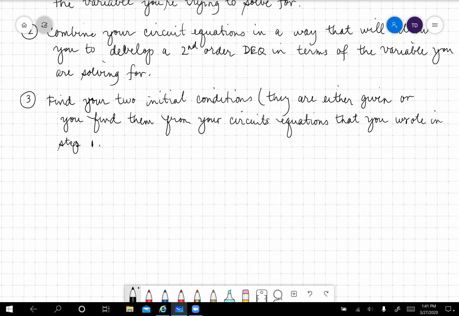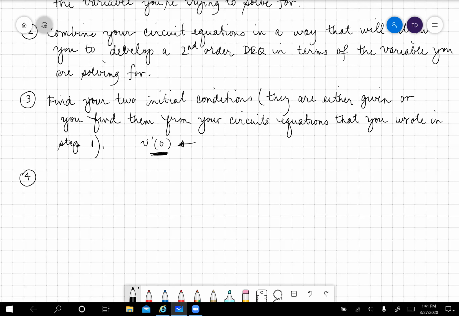Usually we're looking for, oh my gosh, how do I find V prime at 0? And the answer is, you'll find a way to get this from one of your circuit equations. That's what we're going to show you how to do. All right, so that's all the setup.